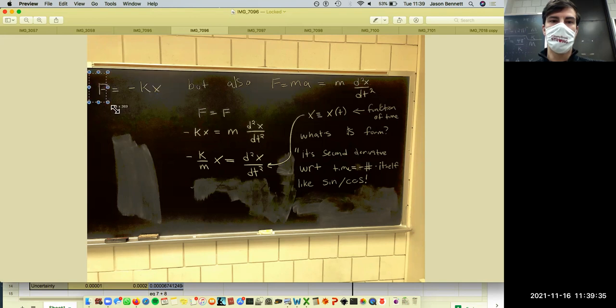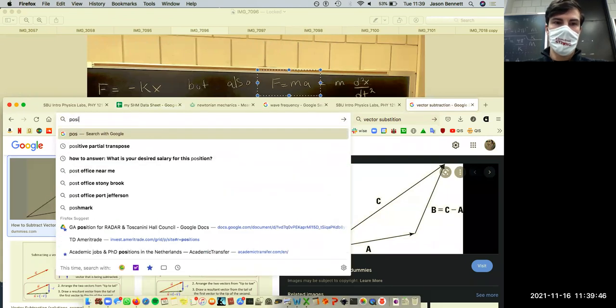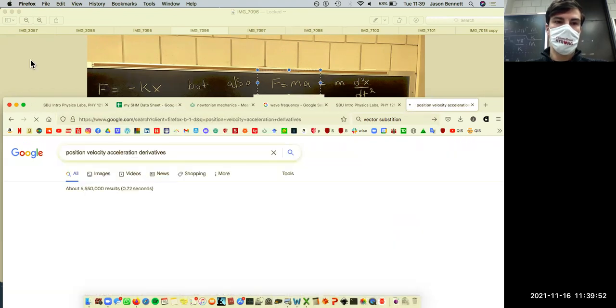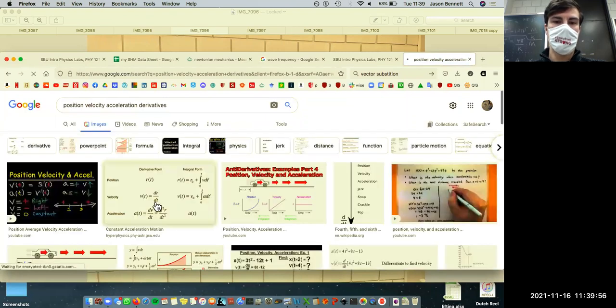But I also know there's another expression for F that always holds, which is Newton's law, F equals ma. And remember, by the relationship between position, velocity, and acceleration, all I need to do to get from one to the other is take a bunch of derivatives.